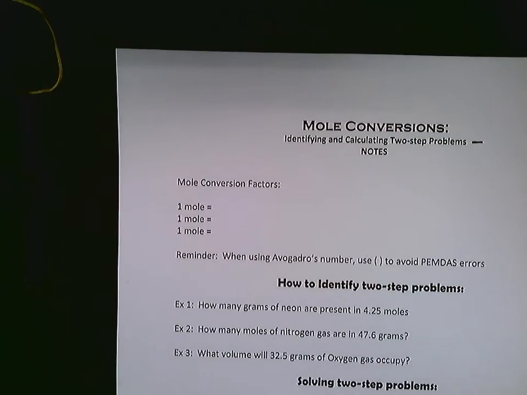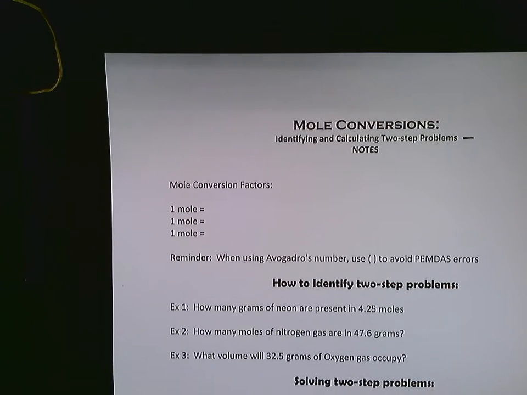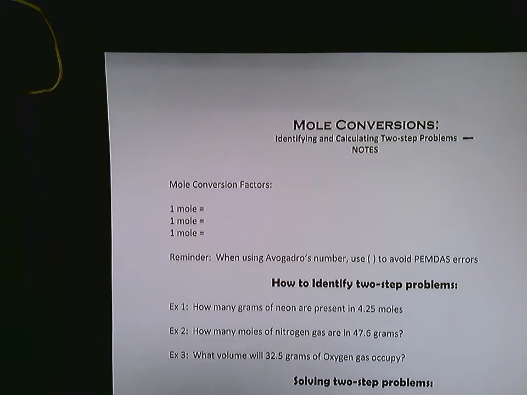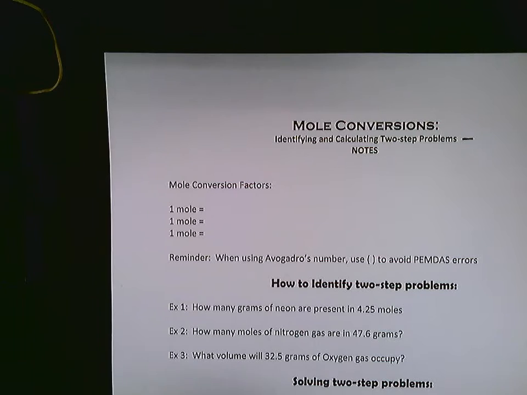The first thing, again, that you've got to know for mole conversions is that a conversion factor is something that allows us to change the units on something without changing its value. Just like 1 foot is equal to 12 inches, they both are the same distance.